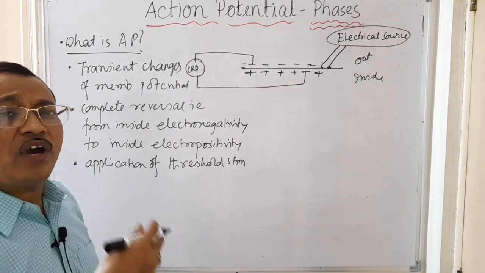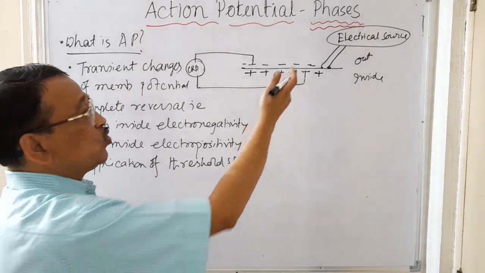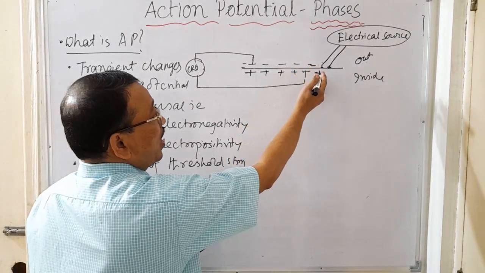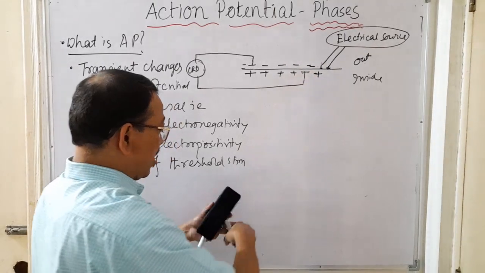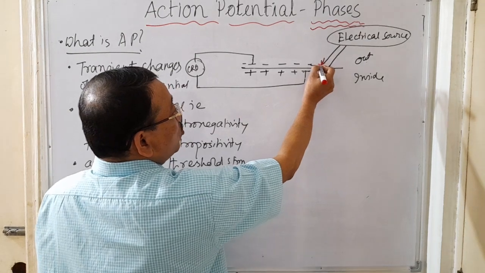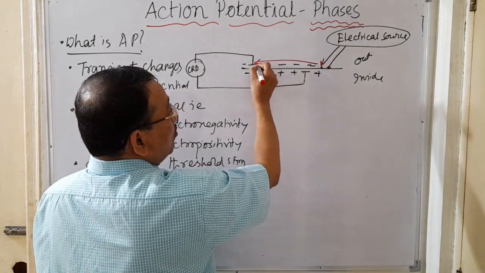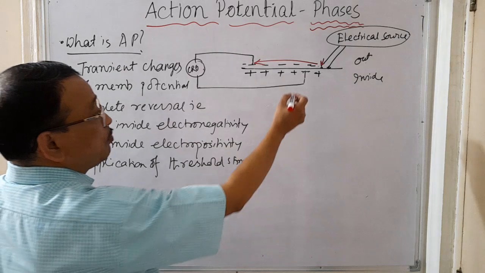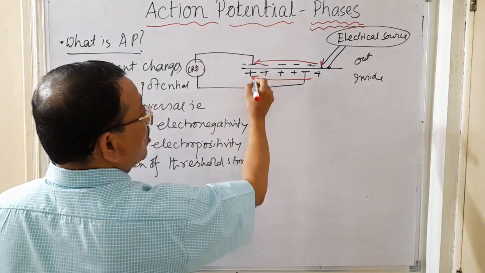will evoke a response, because this will propagate from this part. Here the stimulus is applied at this part, and this will be propagated beyond the site of the stimulus.